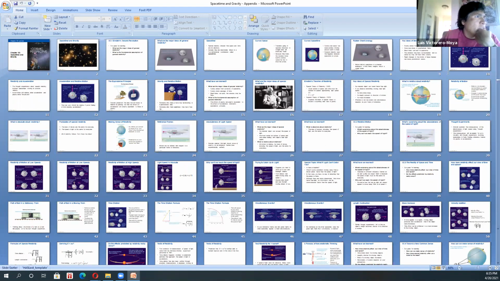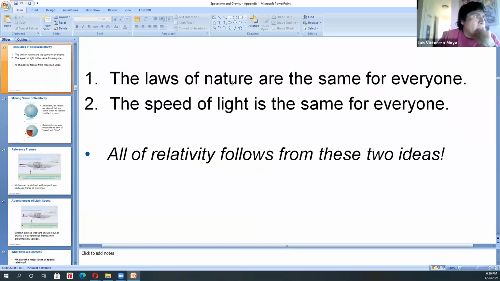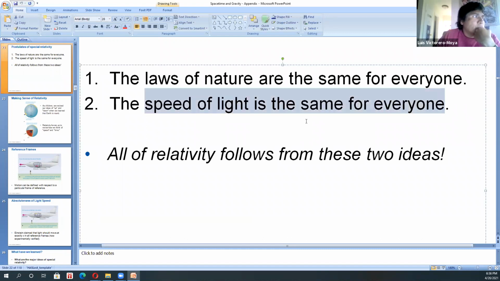Actually, postulates of relativity. All right? The laws of nature are the same for everyone. The speed of light, okay, this is important. Let's suppose you are moving at half the speed of light, and you are moving towards a star.